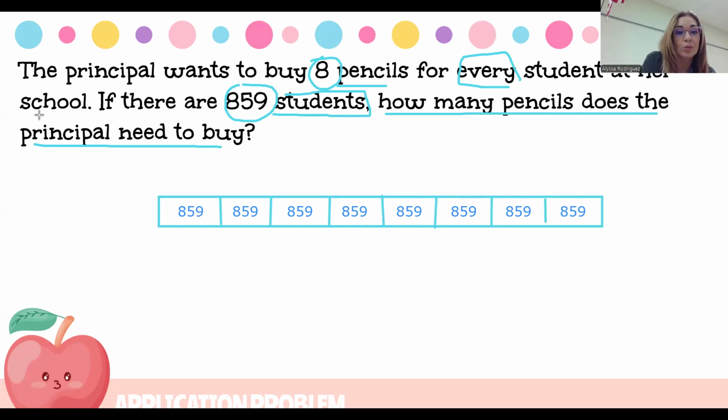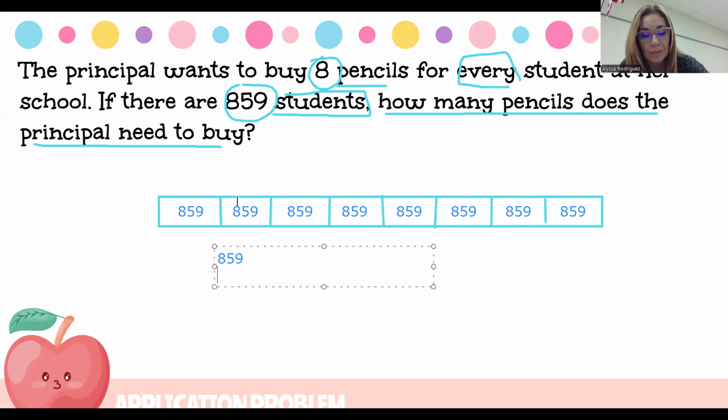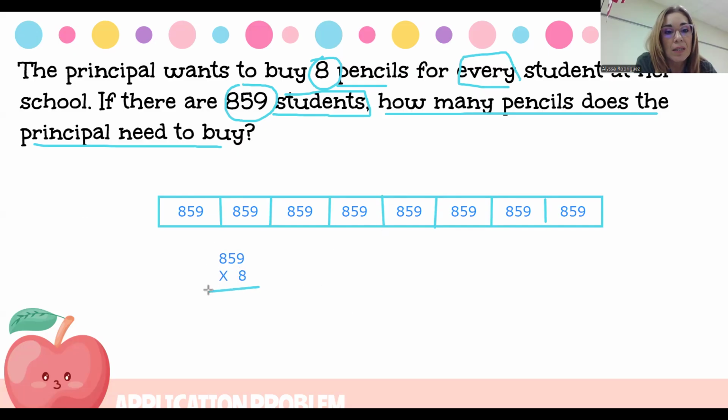Or the way I just showed you a while ago, where you're going to put 859 times 8. The only problem with typing this out, it's not going to be perfect. See how the 8's a little bit off?